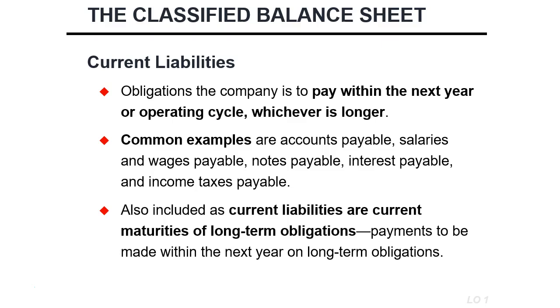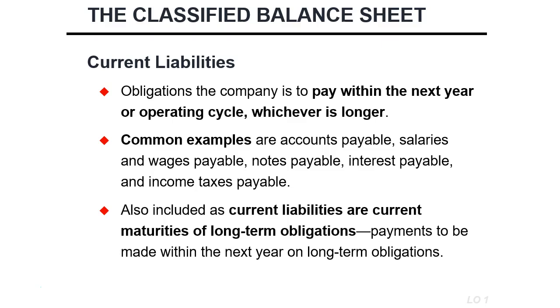So it is the due date that determines whether a liability would be considered a current liability or a long-term liability. Typically, if the due date is within 1 year from your balance sheet date, you record it as a current liability on the classified balance sheet.